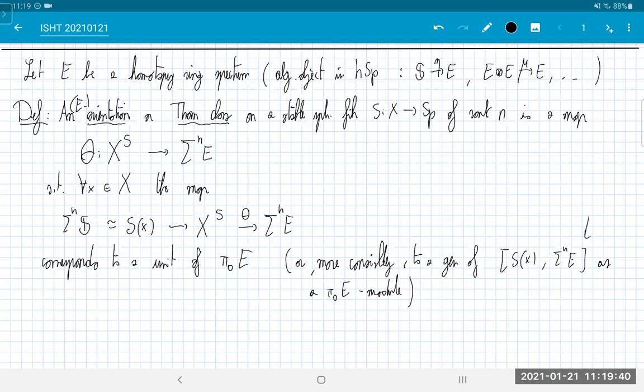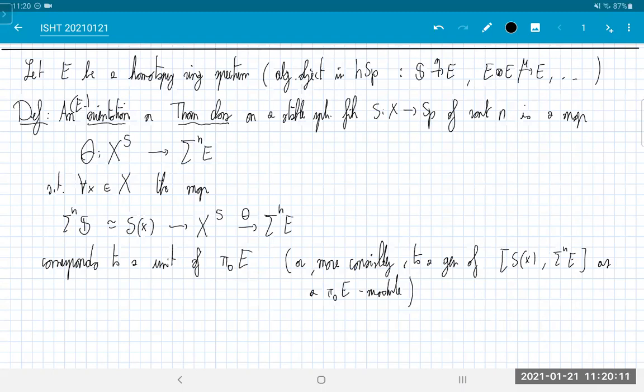I'm using this notation for homotopy classes of maps. I think I used it before. This is canonically, by choosing any identification of S_x with sigma^n S, a pi_0 E module of rank 1. So it makes sense to say that an element is a generator. But I'm going to think of it in terms of a unit of pi_0 E after doing an identification.